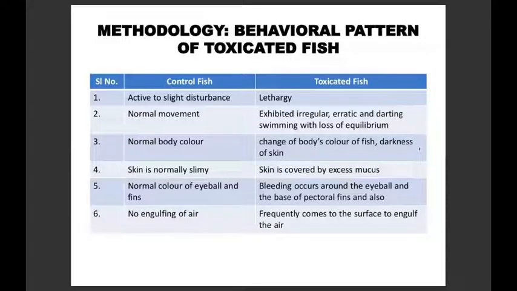So it comes to the surface just to breathe. Bleeding occurs around the eyeball and the base of the pectoral fins also, and a change of body color of the fish is also observed, whereas the control fish shows all the normal patterns.